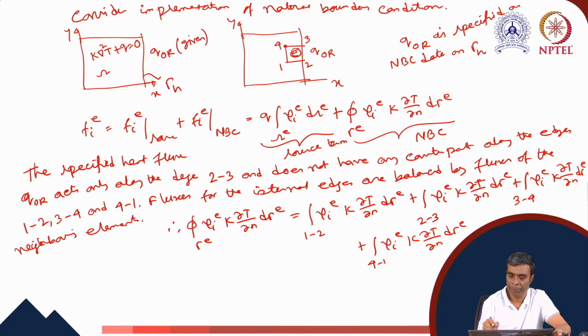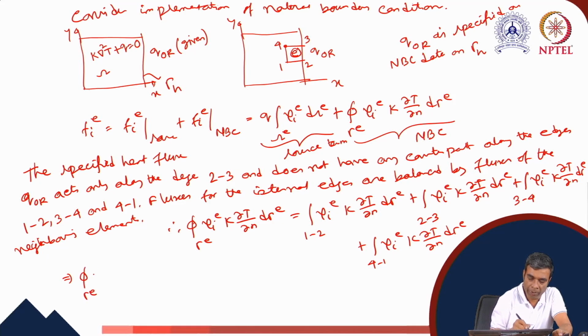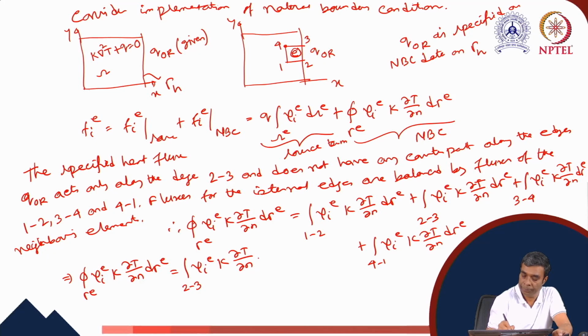Because of this, the first integral, the third integral and the fourth integral disappear, and this expression, integration along the boundary psi IE K del T del N d gamma E, reduces to integration along the path 2 to 3 psi IE K del T del N d gamma E.